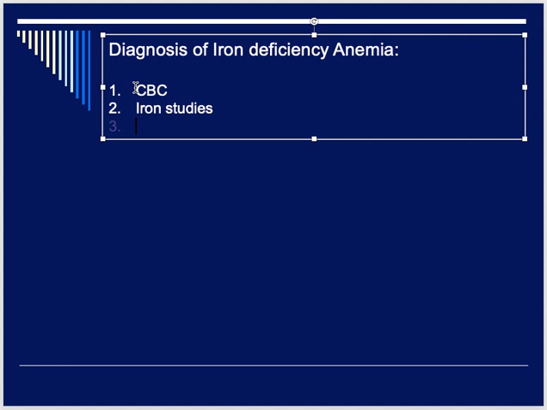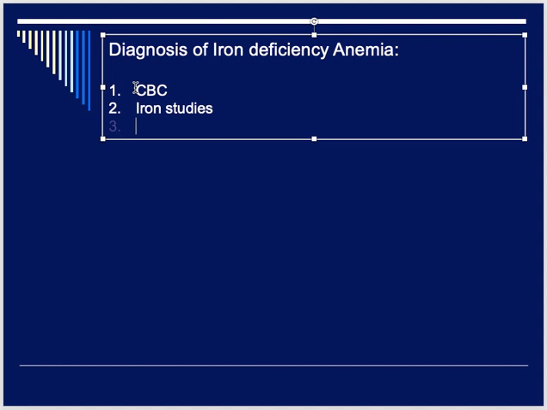Okay, so in the iron studies, we don't check the level of iron in the body. Why? Because the level of the iron in the body can change according to the diet you have taken. For example, someone who has iron deficiency anemia and has taken iron rich food today, what will happen when you take the blood sample?